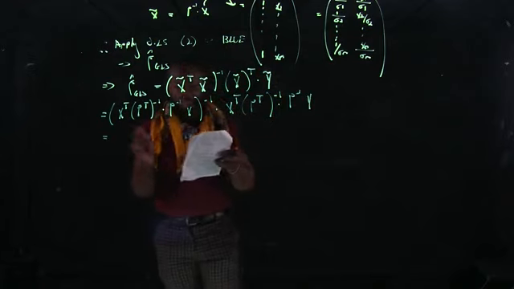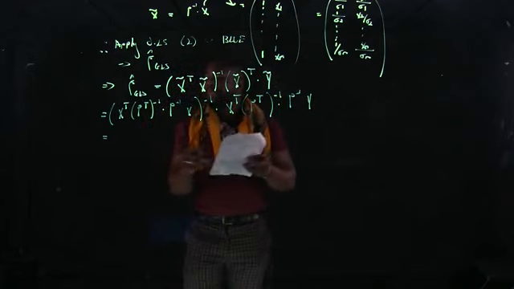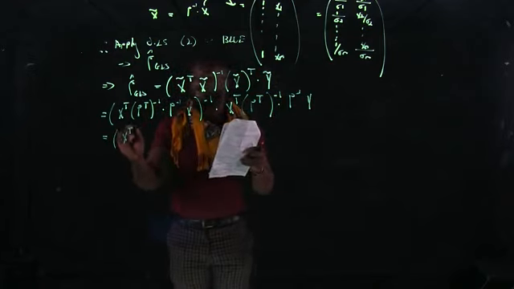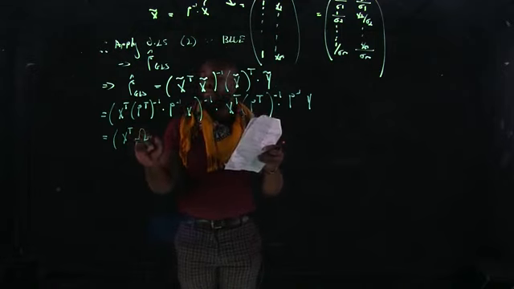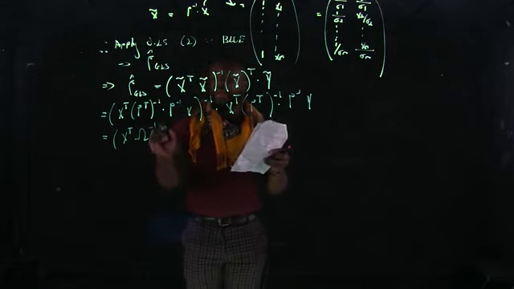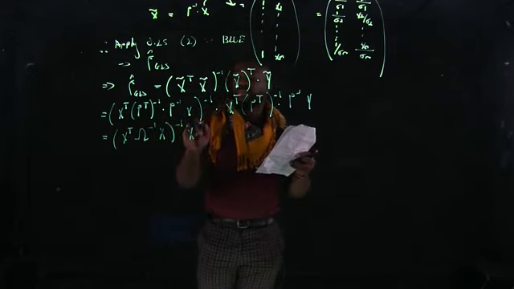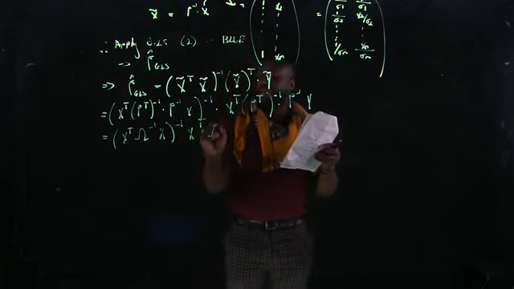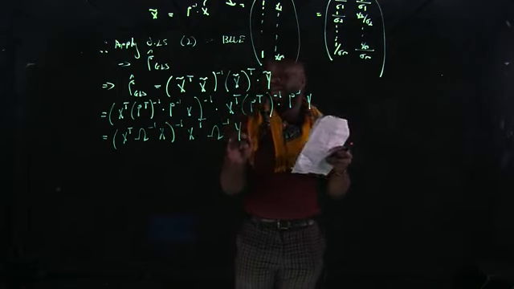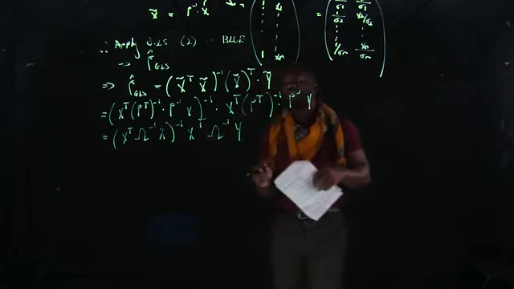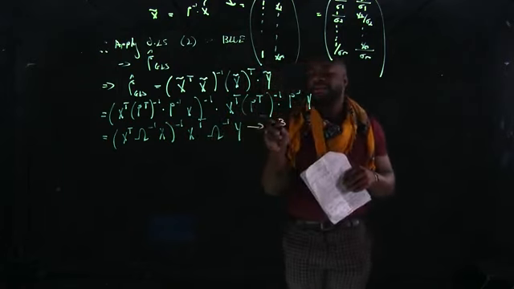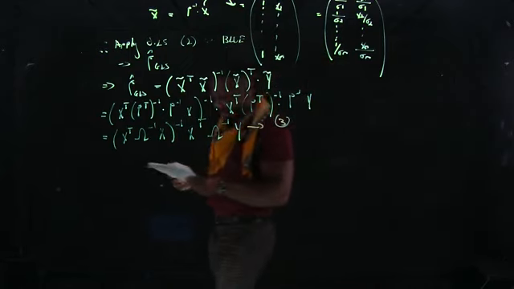This is matrix algebra, and it ends up being x transpose omega inverse x inverse x transpose omega inverse y. I'm going to call this my equation number 3.